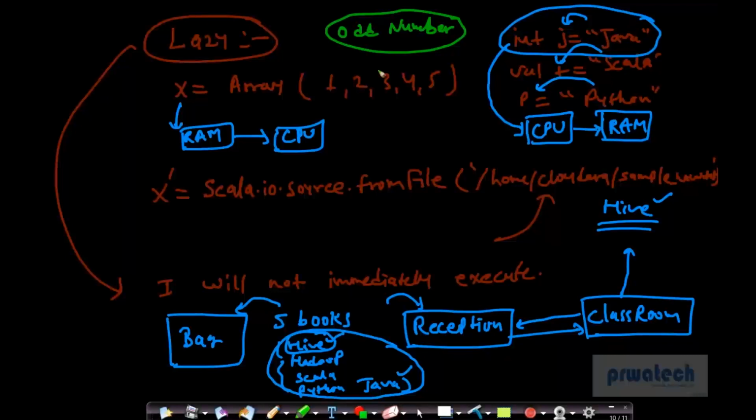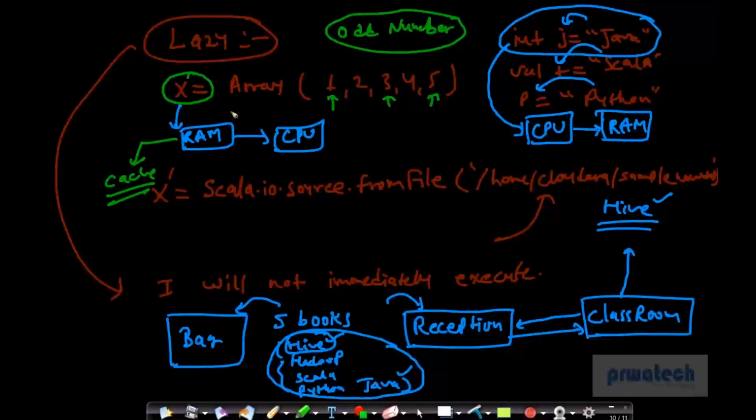And give me only the odd numbers, which means I need 1, 3, and 5. But the moment you run this, x is equal to array 1, 2, 3, 4, 5, my RAM will take all 5 elements in a caching space, which is obviously volatile, and send all 5 to CPU for processing.